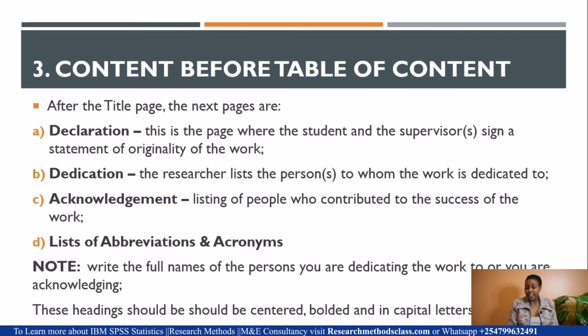So after the title page, you may have declaration, you may have dedication, you may have acknowledgement, and then list of abbreviations and acronyms. And it is important to mention that for the people you are dedicating or acknowledging your work to, please write their full names. Do not be vague, dedicating your work to your son and this son has no name.